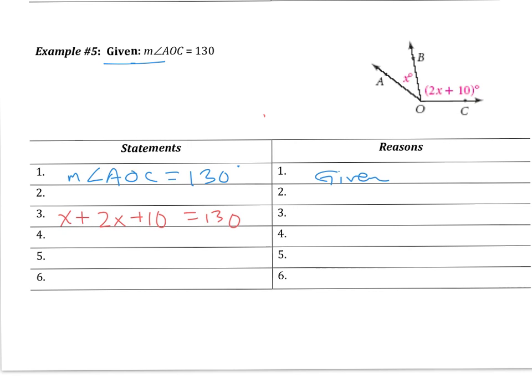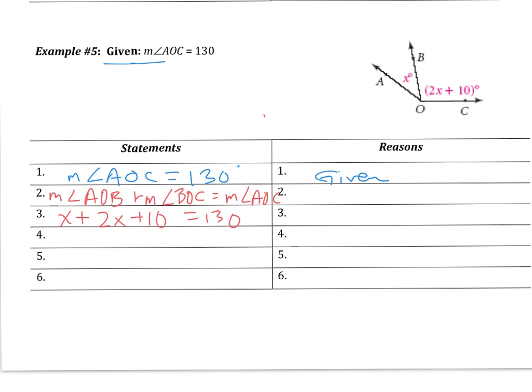That's eventually what we get to, but technically what we're doing is the measure of angle AOB plus the measure of angle BOC is equal to the measure of angle AOC.